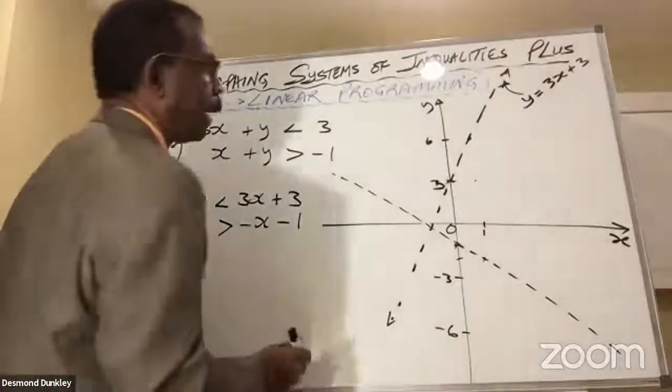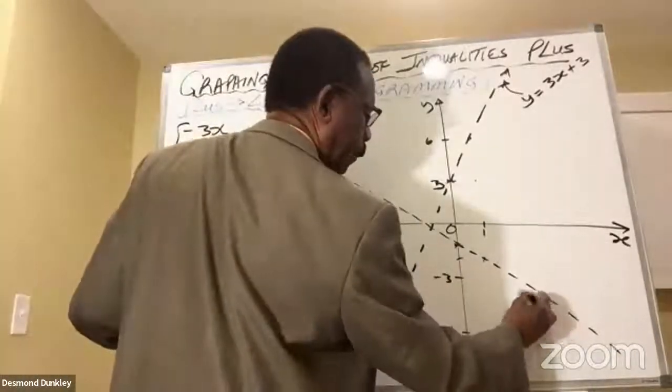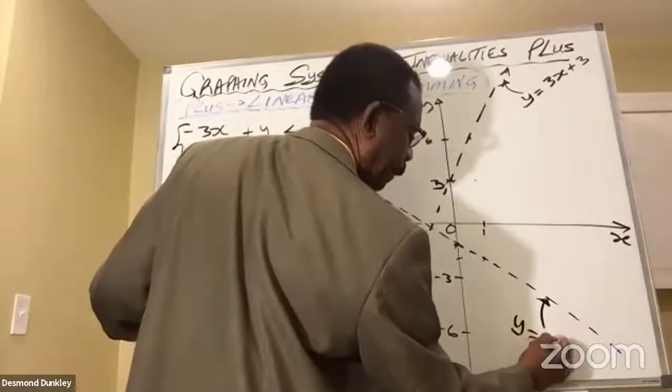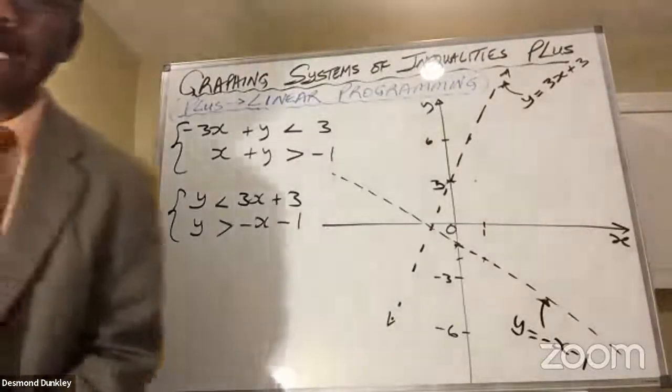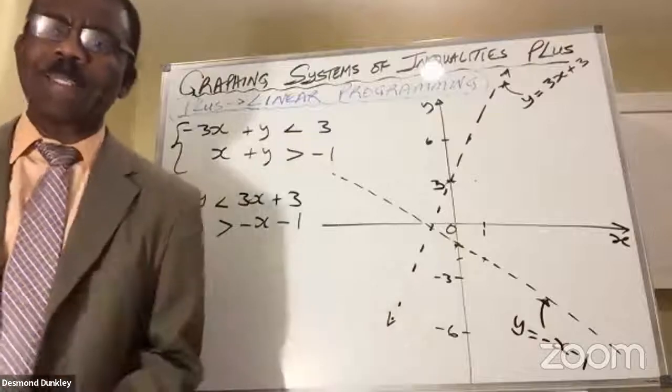And this one is going to be the boundary y equal to -x minus 1. So now we need to decide where on this graph is the solution set.